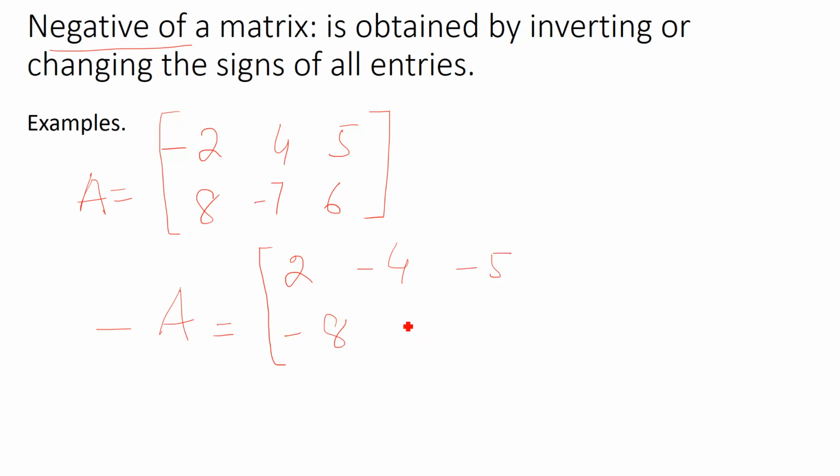This is -7, it will be +7. This is 6, so it will be -6. Wherever you have positive, you have to make it negative, and wherever you have negative, you have to make it positive, and vice versa. This is called the negative of a matrix.